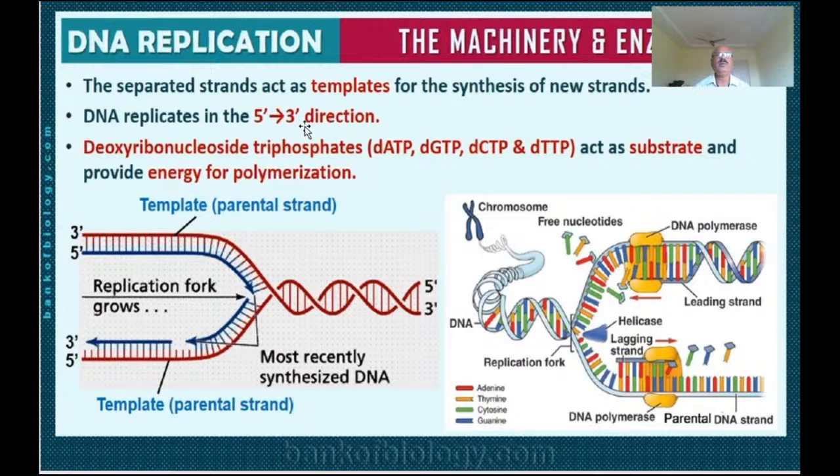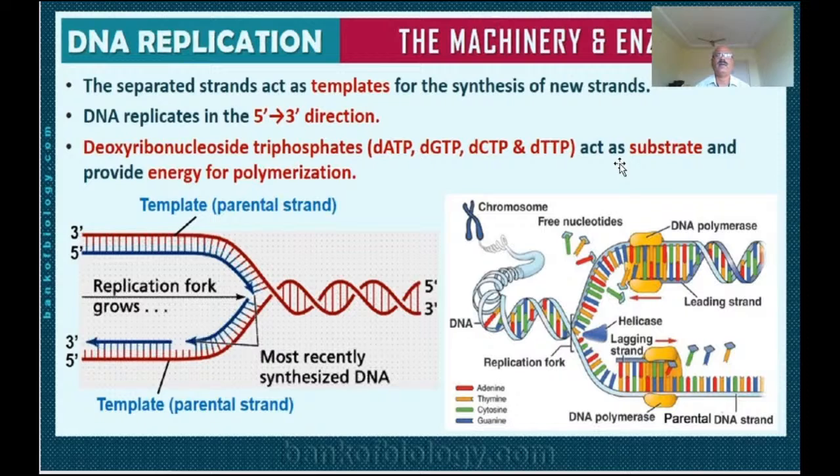Deoxyribonucleoside triphosphates, that means adenosine triphosphate, guanosine triphosphate, cytidine triphosphate, thymidine triphosphate, act as substrates and provide energy for polymerization. The four types of nucleotides are there.